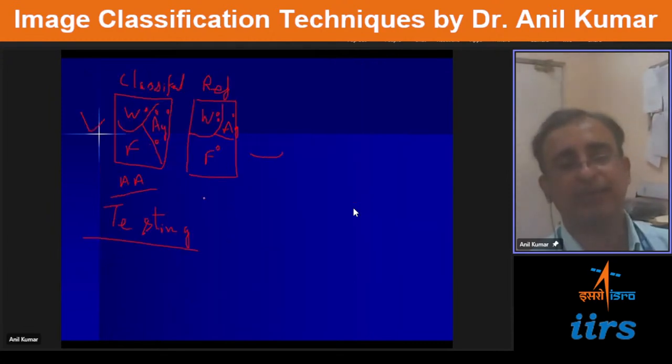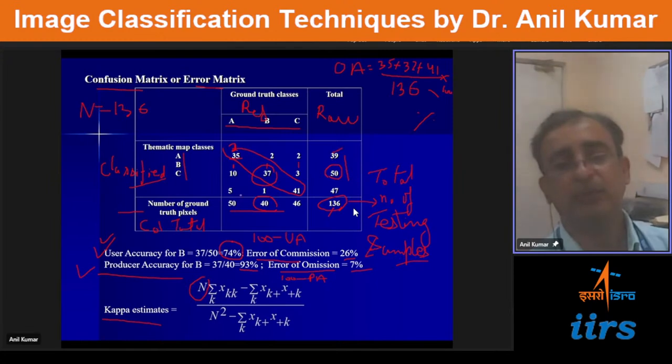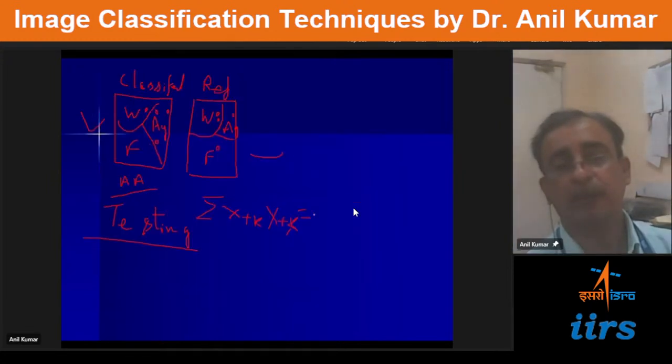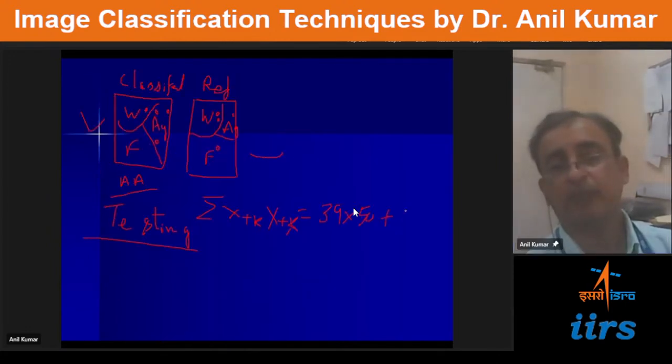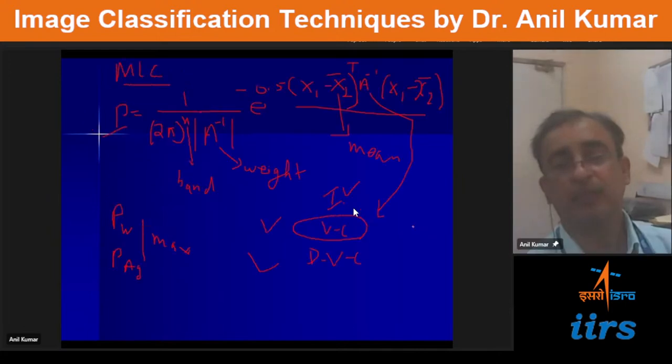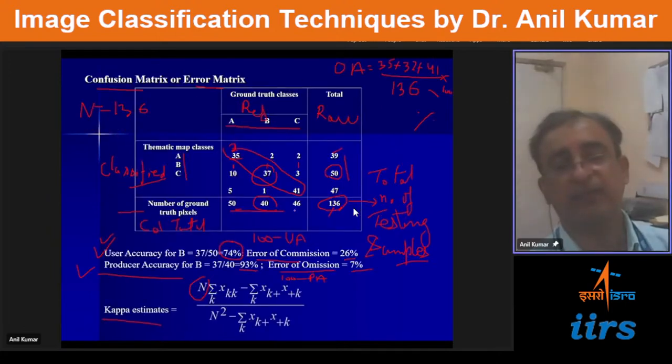Here I can write the summation of X k plus times X plus k. In the first class this will be 39 into 50, plus for the second class it is 50 into 40, and for the third class it is 47 into 46.